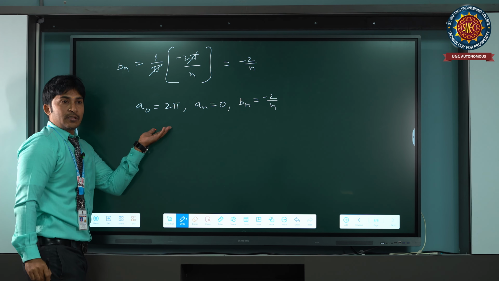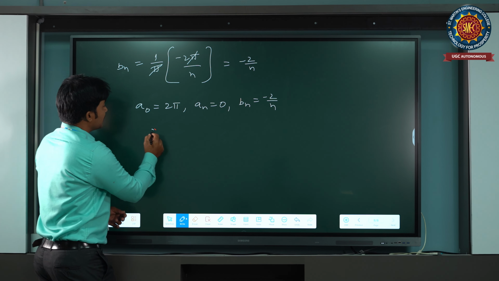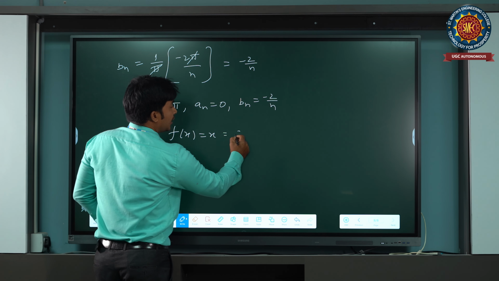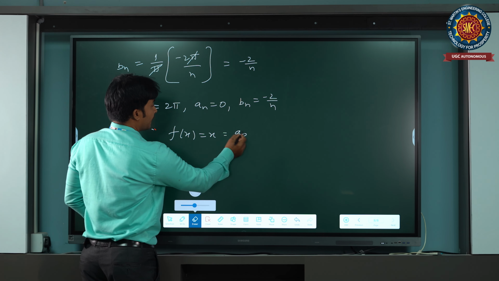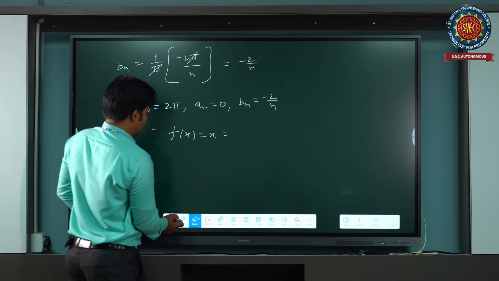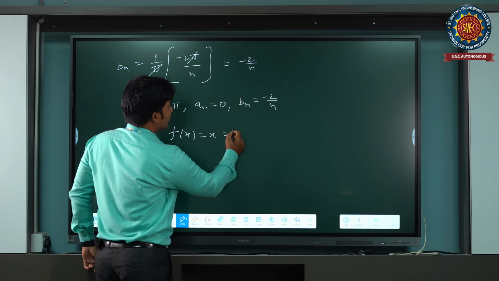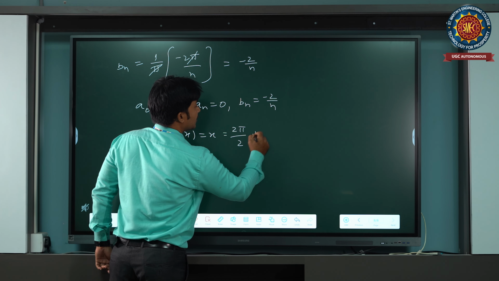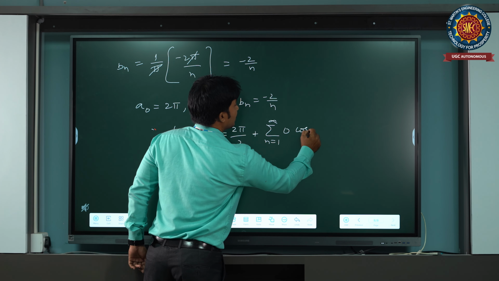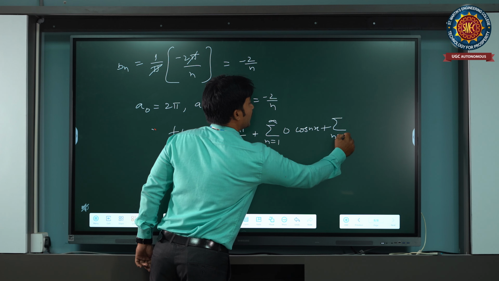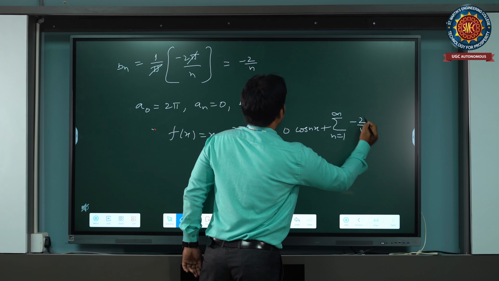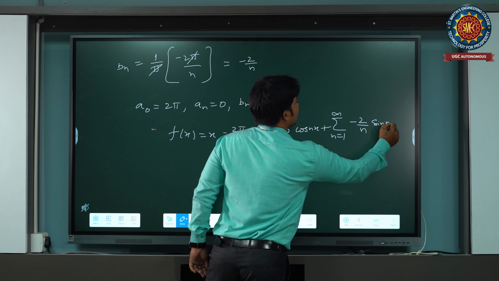These are the coefficients of this problem, and the final result is f of x equals a naught by 2, which is 2 pi by 2, plus summation n equals 1 to infinity of An, whose value is 0, times cos nx, plus summation n equals 1 to infinity of Bn, whose value is minus 2 by n, times sin nx.